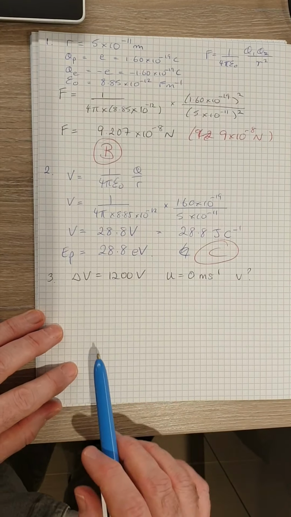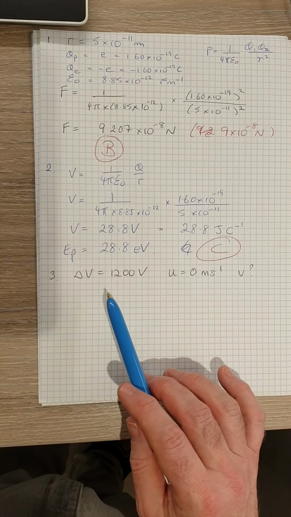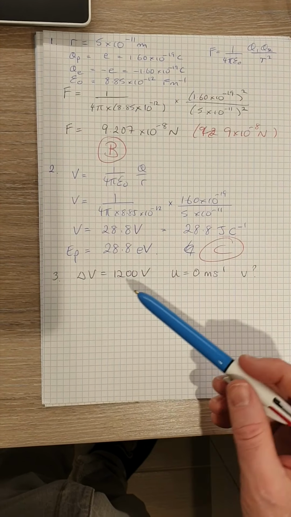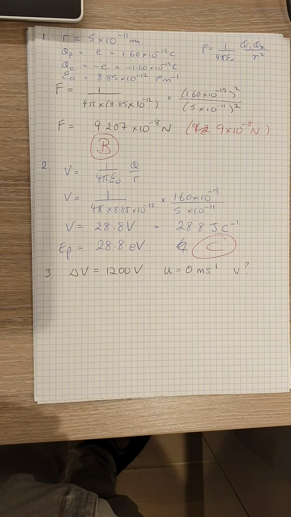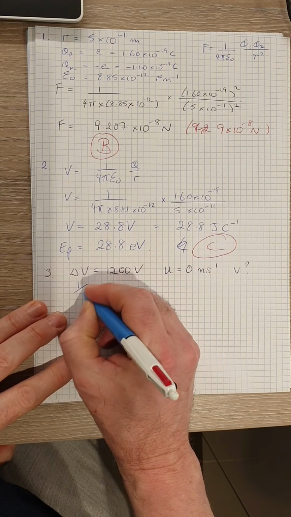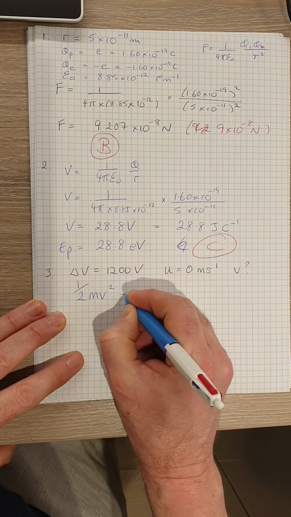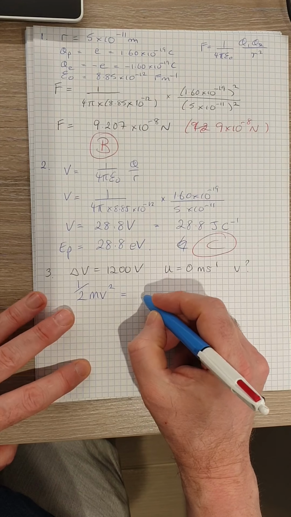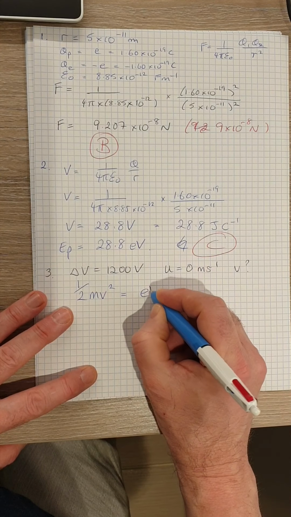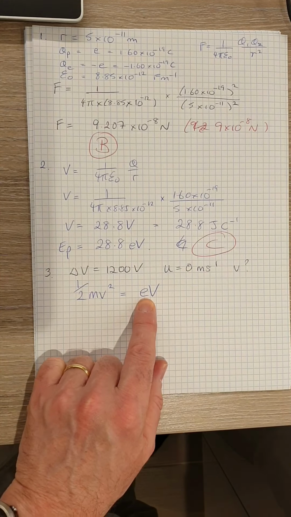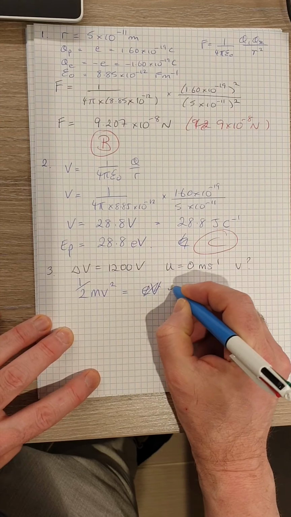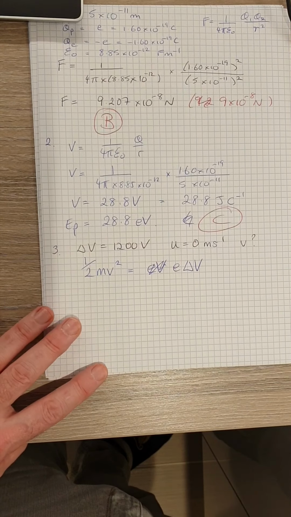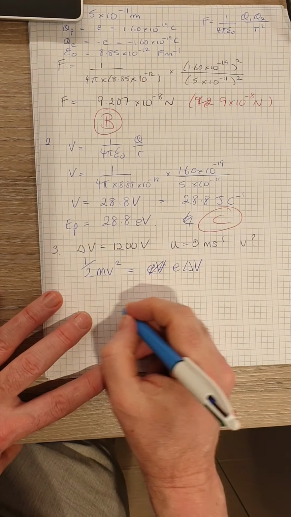So for this question, we're looking at the electron losing electric potential energy and gaining kinetic energy. So the kinetic energy is going to be equal to the change in potential energy, which is going to be the elementary charge, as it's an electron, multiplied by, I should really write that as the change in potential, the potential difference.